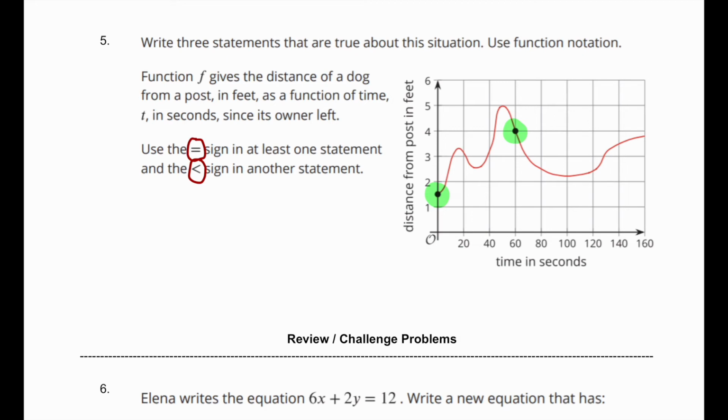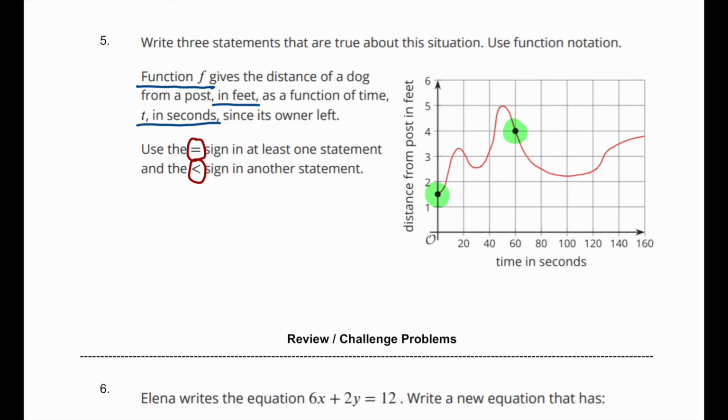So it looks like with these two we can use the less than sign. It does tell us we need to use f as our function name, and that distance is in feet and our t time is in seconds.